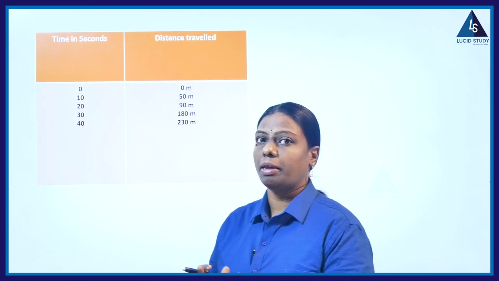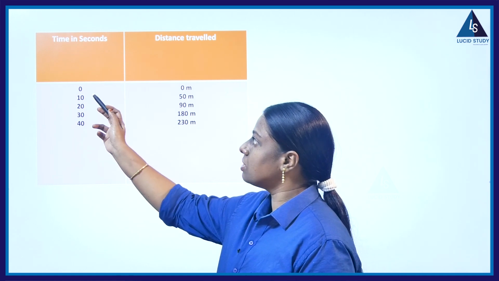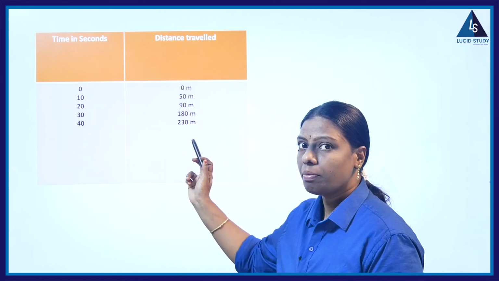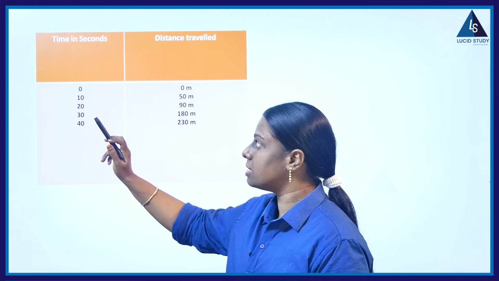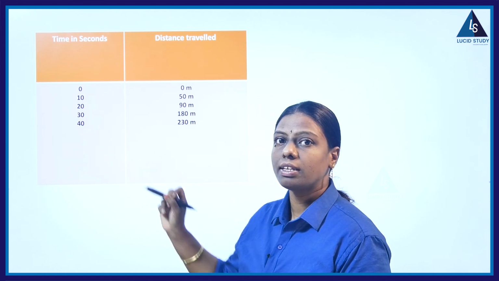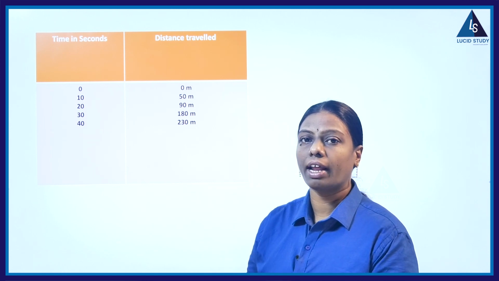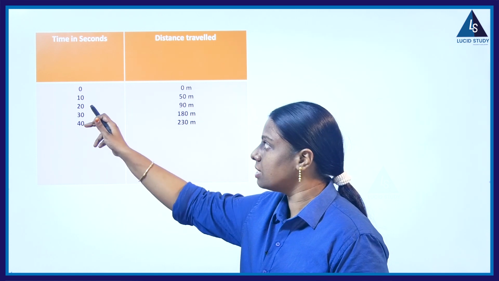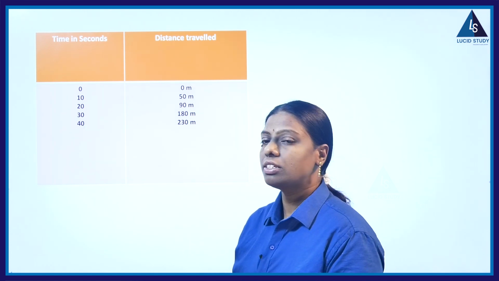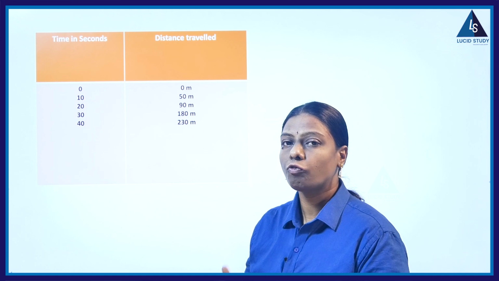So see this table. Time in seconds and distance travelled in meters. 0 seconds, 10 seconds, 20 seconds, 30 seconds, 40 seconds. There is a variation of time here, but is it equal? There is a variation of 10 seconds each time.